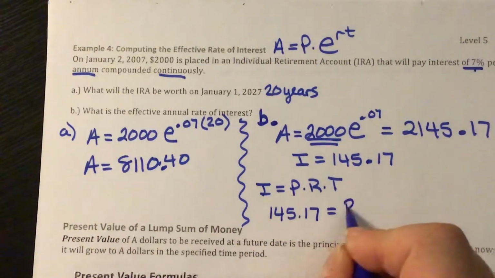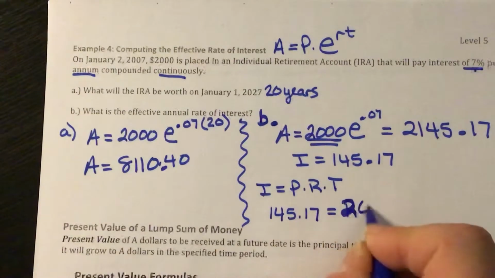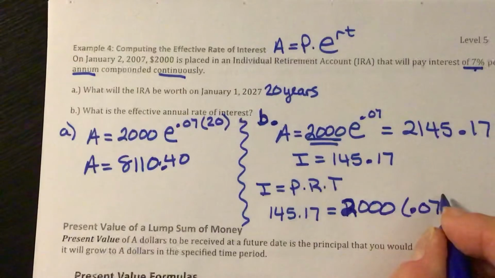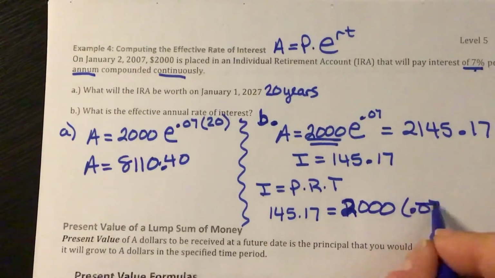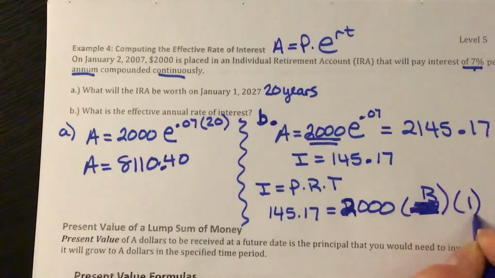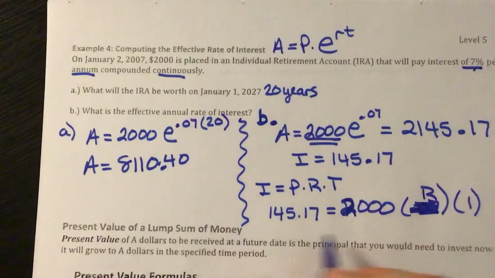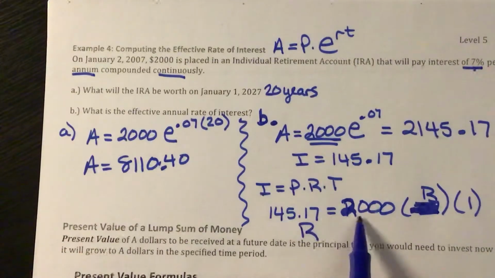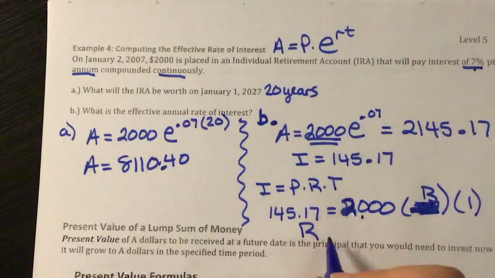My principal was $2,000. My rate was 0.07. Oh wait, I'm finding my rate, sorry. And my time is 1 year. So basically, to solve for rate, I have to take 145 and divide it by 2,000. And that'd get R by itself.